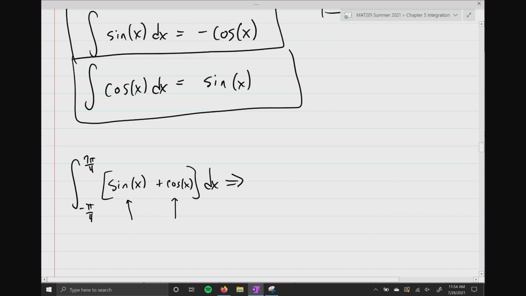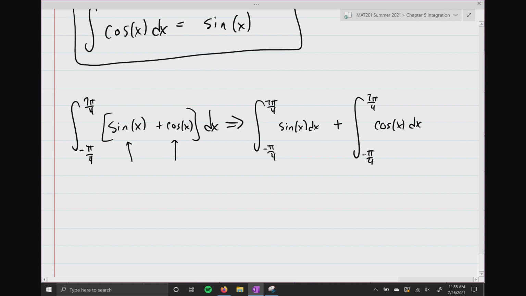We're going to have to apply the antiderivative for both of these. So we're going to get the integral from negative pi over 4 to 7 pi over 4 of sine x dx plus the integral from negative pi over 4 to 7 pi over 4 of cosine x dx. All right, so all I did was distribute my integral sign.